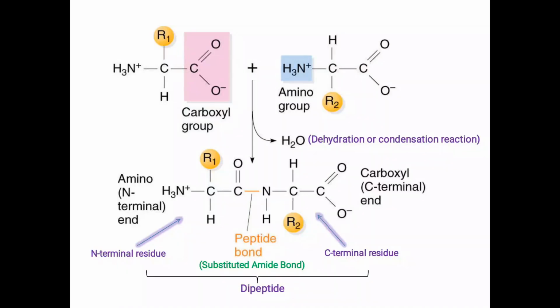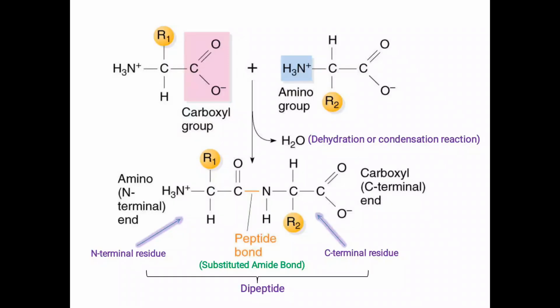One is the N terminal or amino terminal, which belongs to the first amino acid, where that particular group has not reacted with the carboxyl group of any other amino acid. So you can say the amino terminal is the free group of the first amino acid.